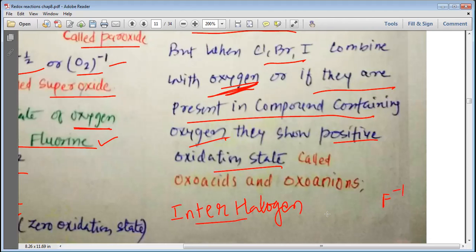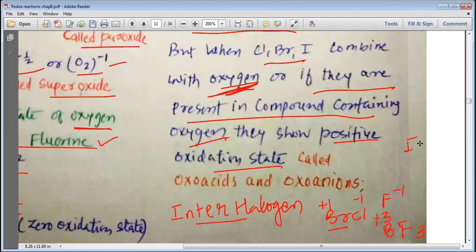So if you have BrF3, then here bromine will have +3, or BrCl, then bromine will have +1 and Cl will have -1. So those halogens which have more electronegativity will have negative charge, and those halogens which have less electronegativity have plus charge.